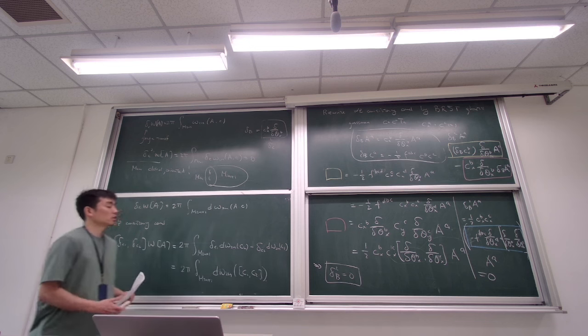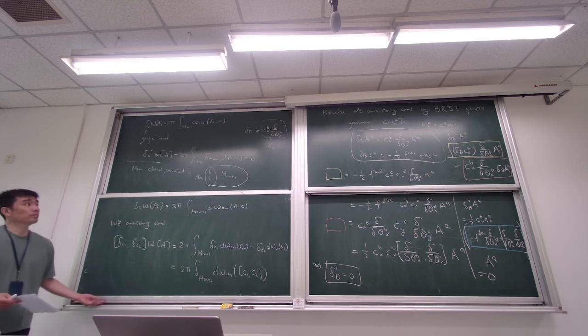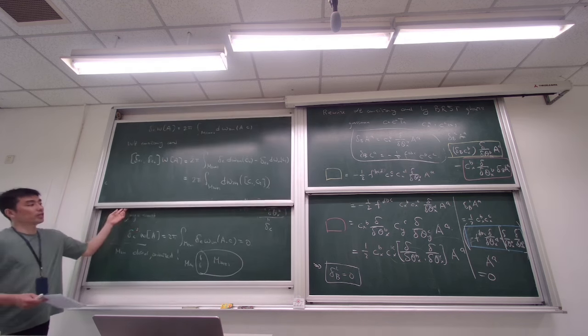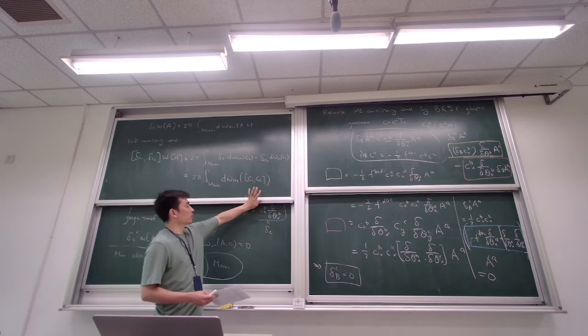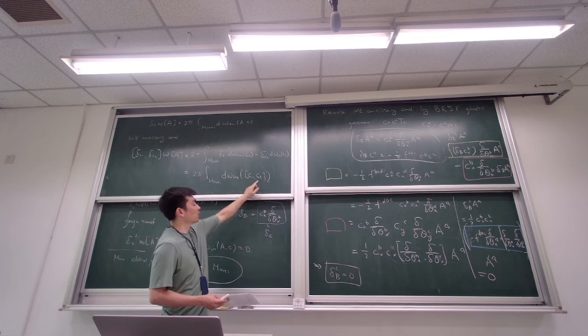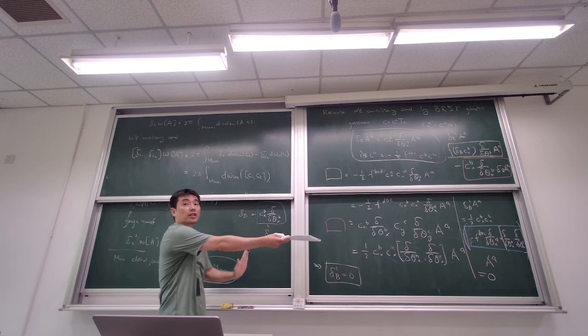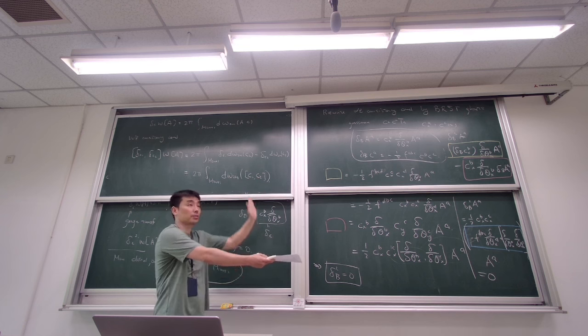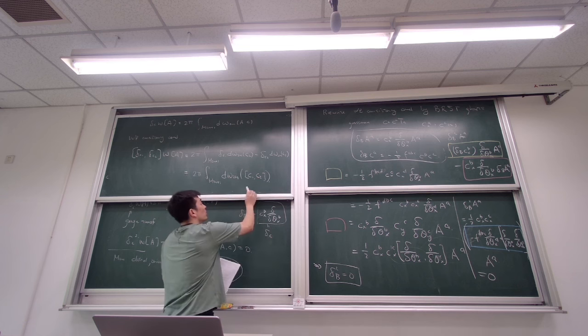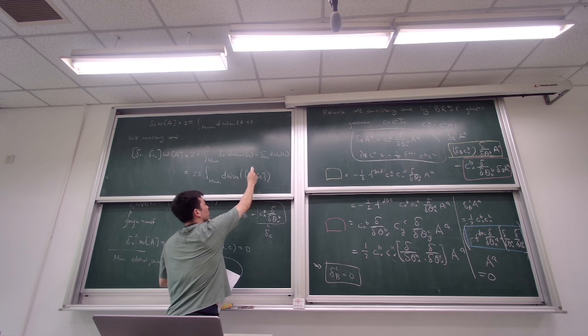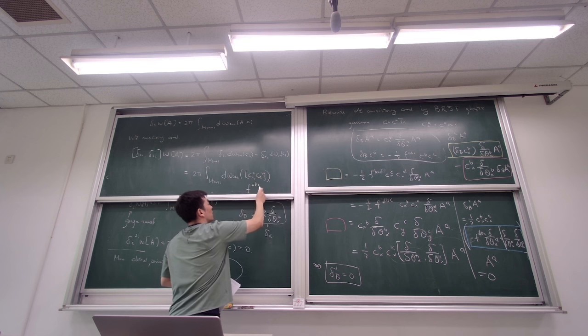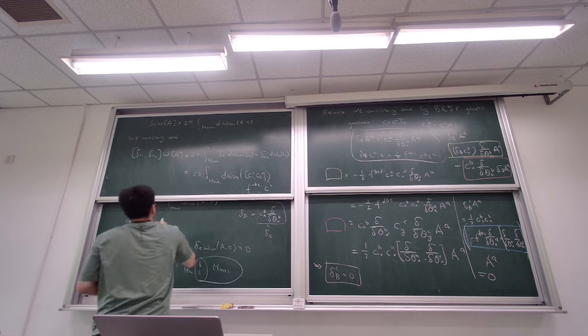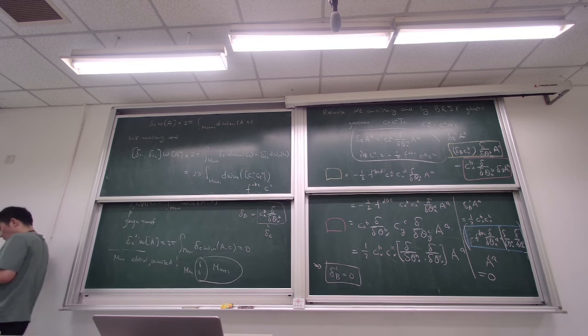Here C1 and C2 are different directions of the Lie derivative. Therefore, this will essentially give you f a b, A, B, C, and then whatever, C, C. It will give you A, B, C.